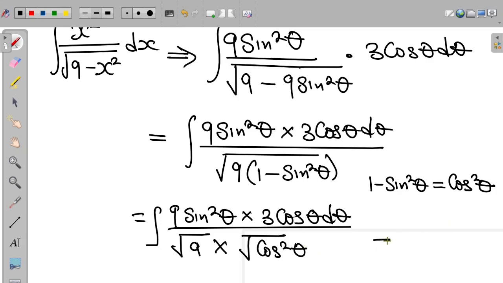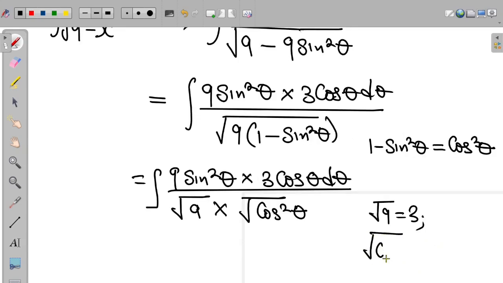But root 9 is equal to 3 and root cos squared theta is equal to cos theta.